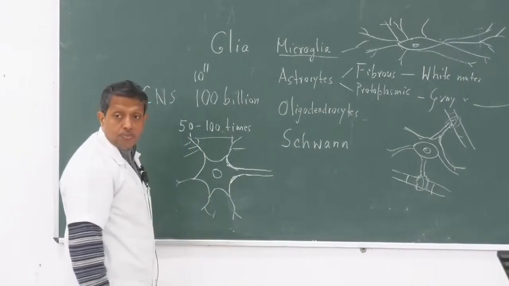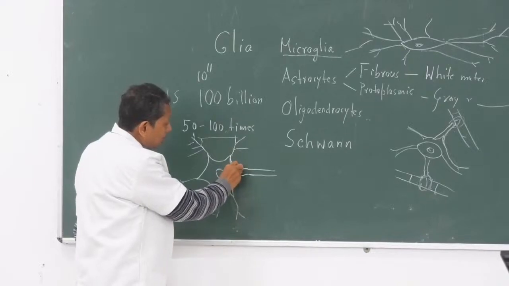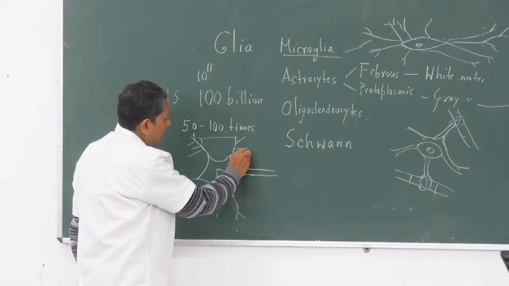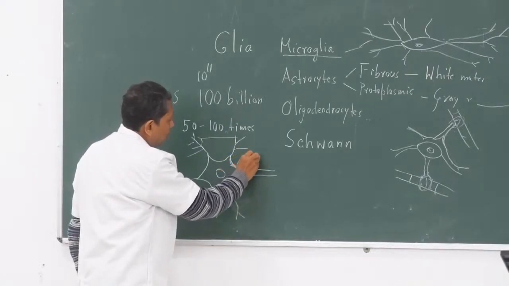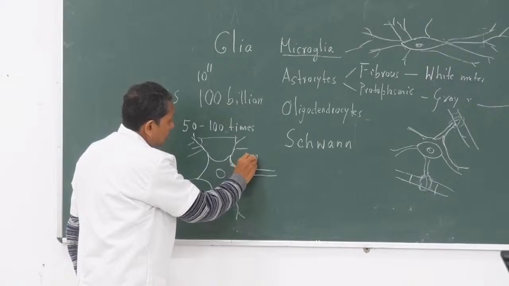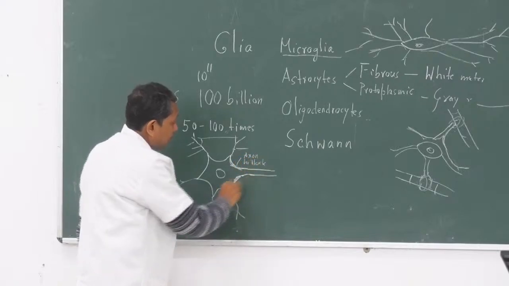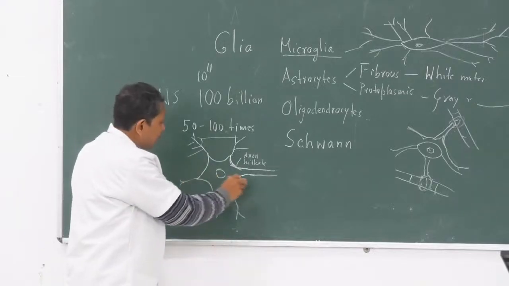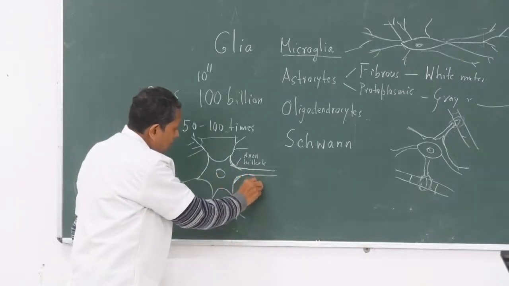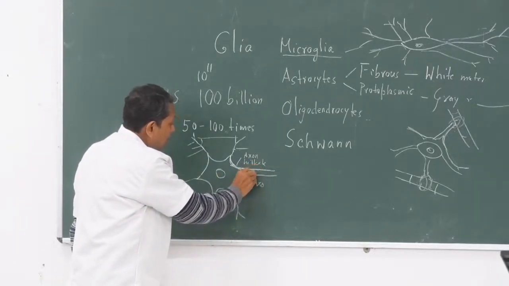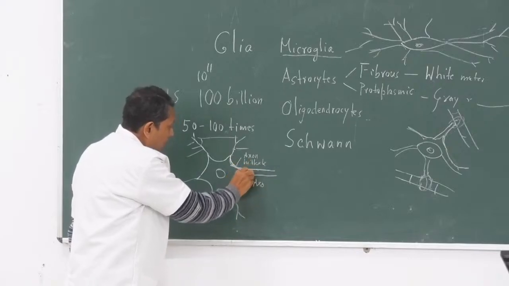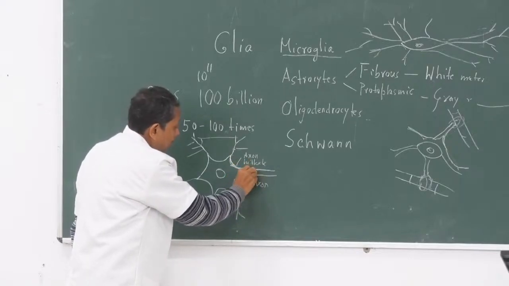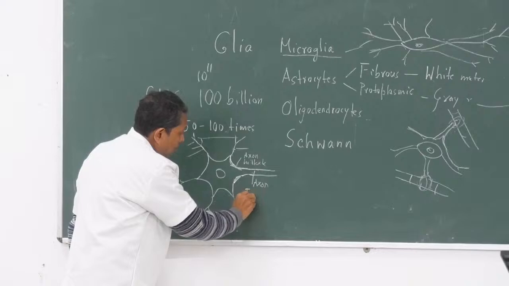Very beginning of the cell is called the axon hillock, a thickened part from which the axon takes origin. These are the dendrites, and this is the axon. The very beginning part beyond the axon hillock is the initial segment.